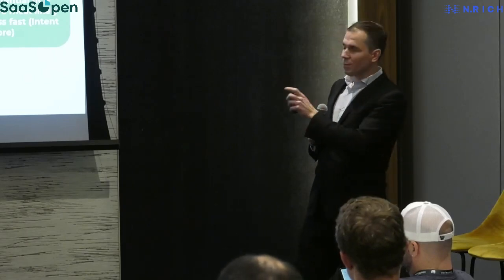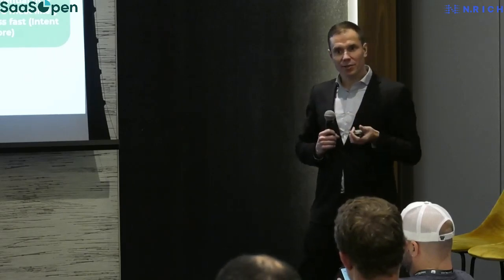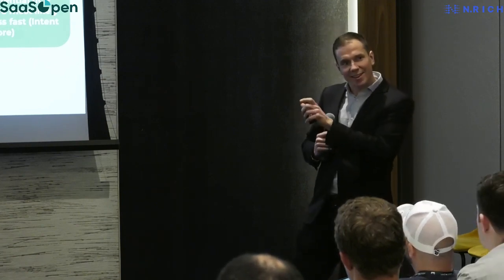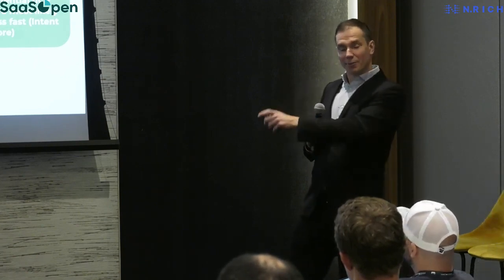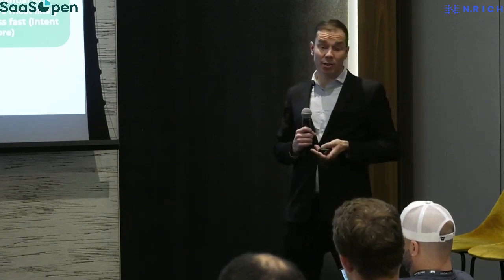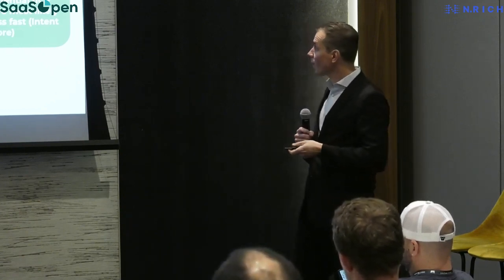ICP is not going to tell you whether the account is ready to talk to your sales, whether they are ready to buy. It just tells you that this is an ideal customer after they are ready to buy. On the other hand, intent data tells you that this account is ready to talk to your sales, they are ready to engage, they are potentially ready to buy, but it doesn't tell you whether it is a good opportunity or not. It could be a really lousy opportunity. So you need both of these at the same time in order to optimize your sales process and marketing process as well.